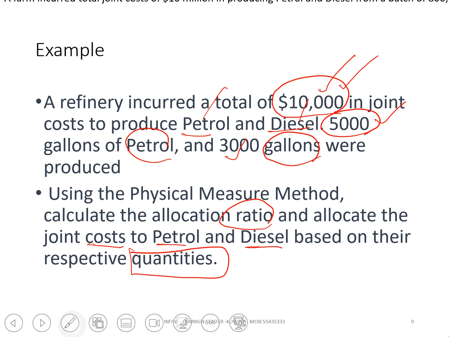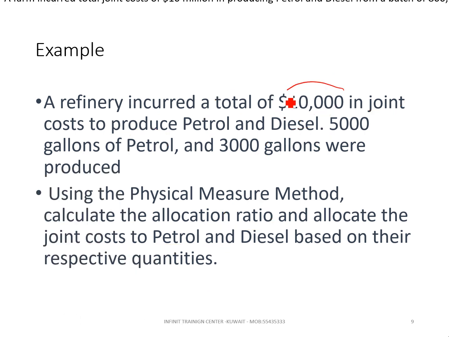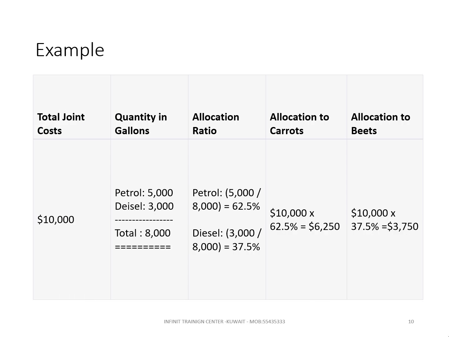It is very easy. You have $10,000, which is the total cost, and that needs to be allocated between petrol and diesel based on how many gallons we produced. The next slide we will see how we will do that. We can see here total cost is 10,000, petrol 5,000, diesel 3,000, and total 8,000 units we produced.